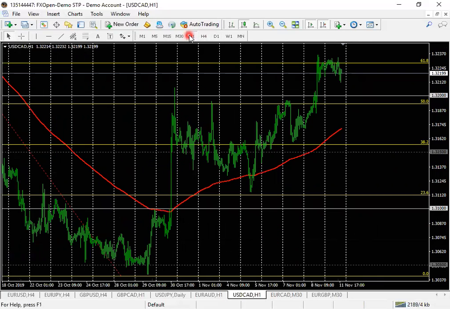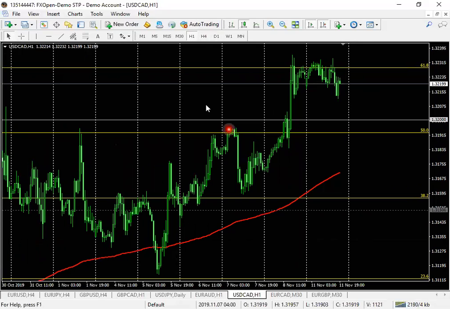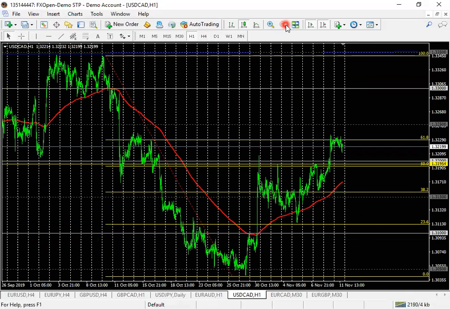If we do get that, I'd like to see the market reject at 3,200, probably extend down to these lower levels because these look like more solid lows. This 31.95 zone, probably a pin to those lower levels. I'd definitely consider a buy on the USD CAD around that area.